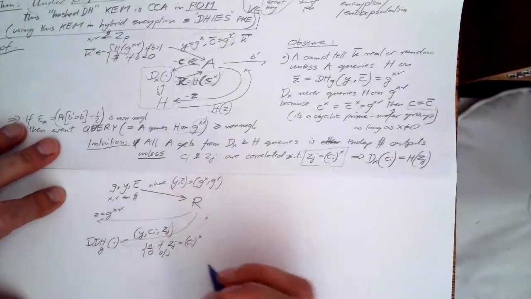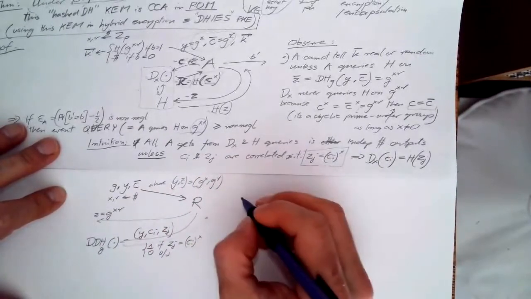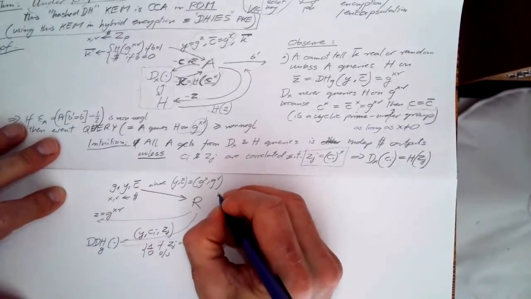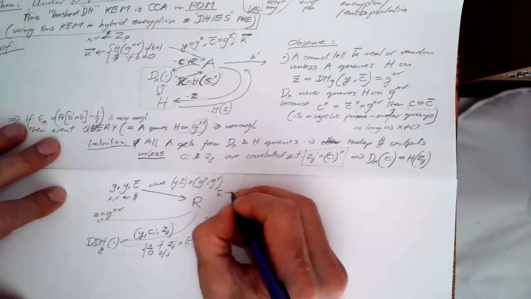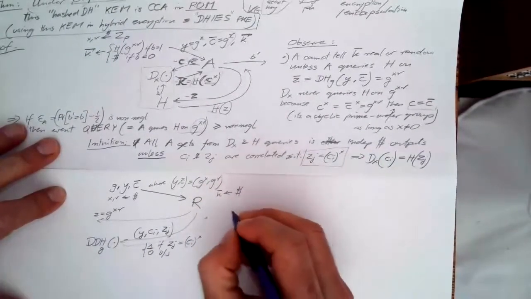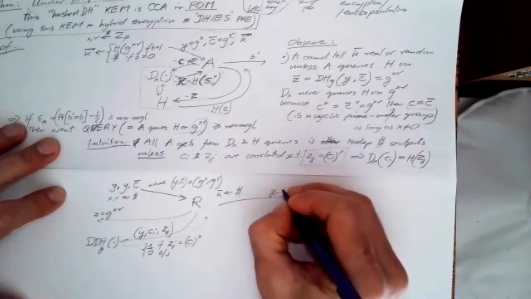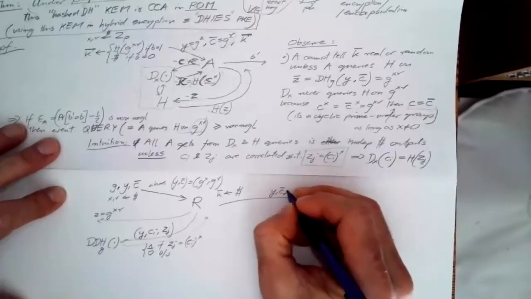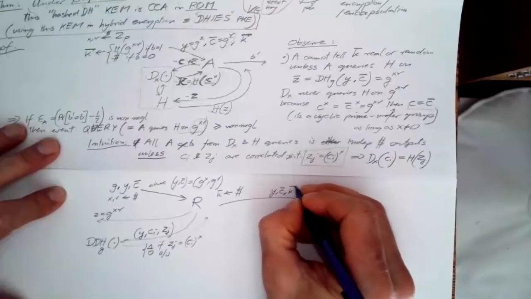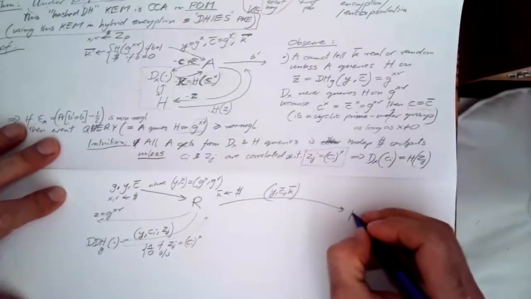So let's see how the reduction can use that to emulate. It will pick this key at random, and it will send to the attacker C-hat and K-hat.